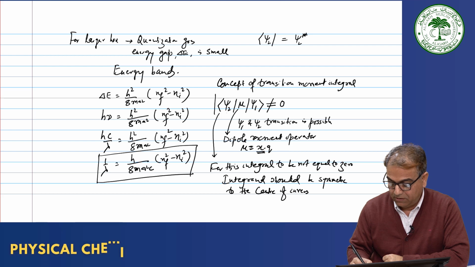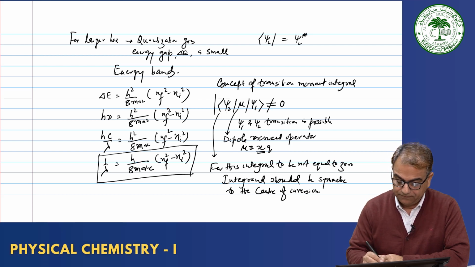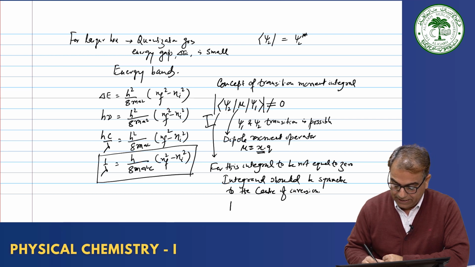What does it mean? Means if I show this integral as I, then I on inversion should not be equal to minus I.